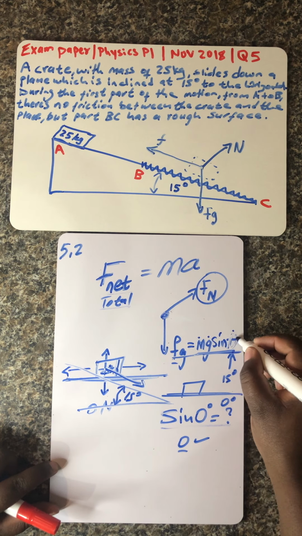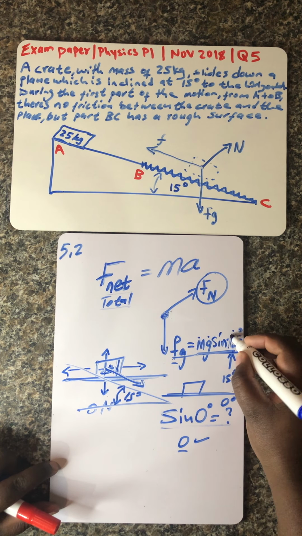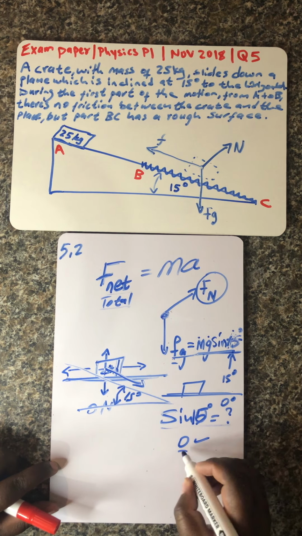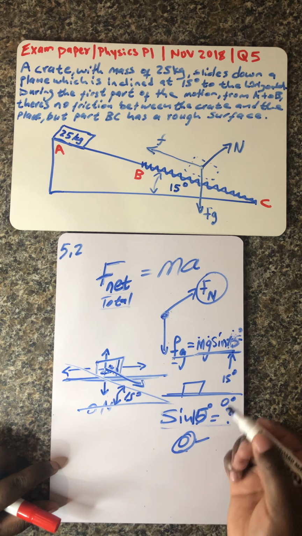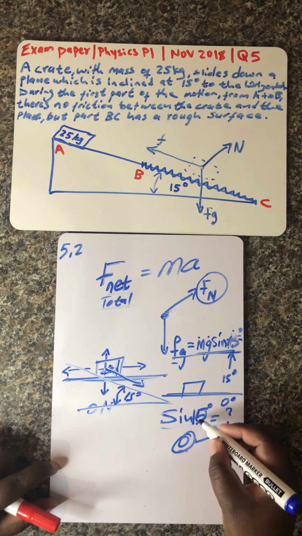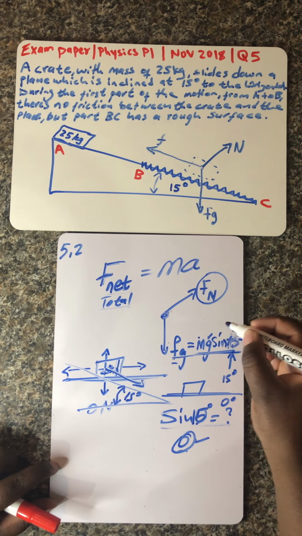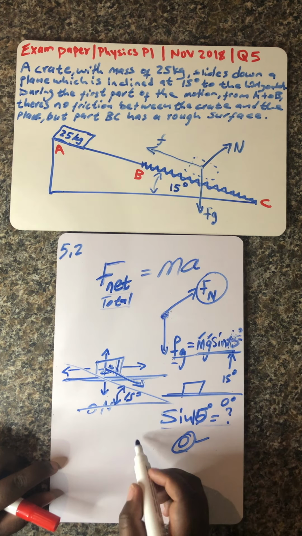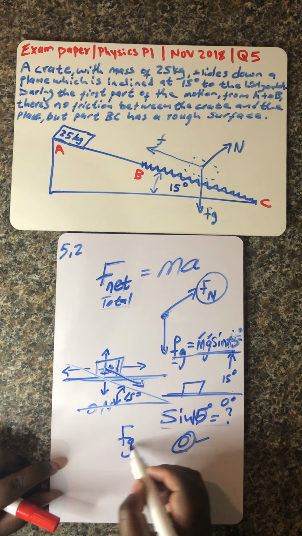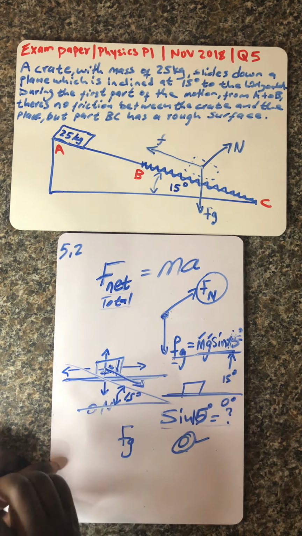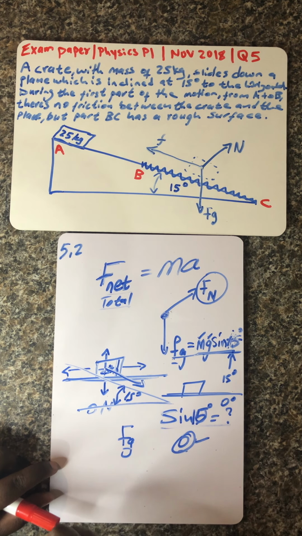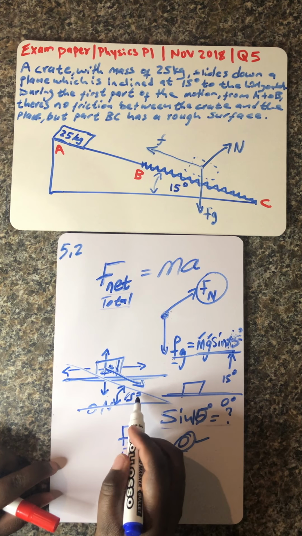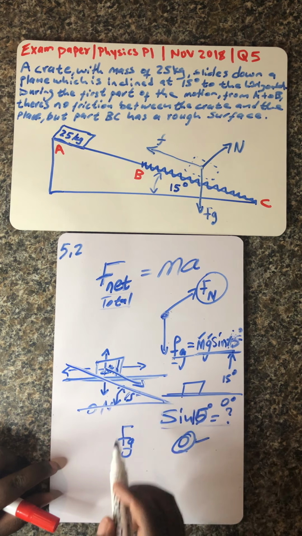So you substitute 15 there, and when you punch sine 15, you'll obviously no longer get a 0. You'll get an answer. When you multiply it with 9.8 and with a mass of 25 kg, you get a certain value, which is the force experienced by this object as a result of gravitational force while sitting at an angle of 15 degrees on that surface.